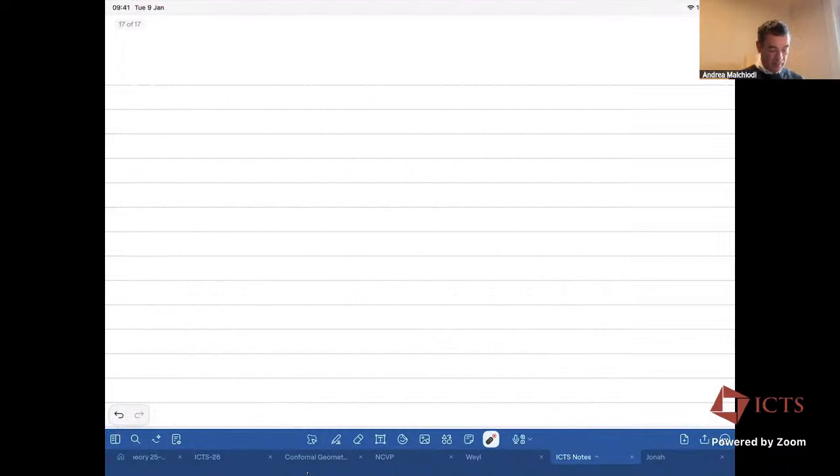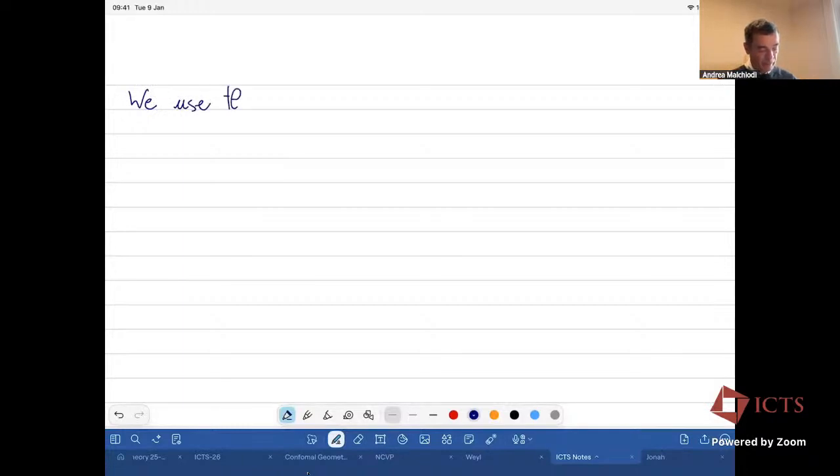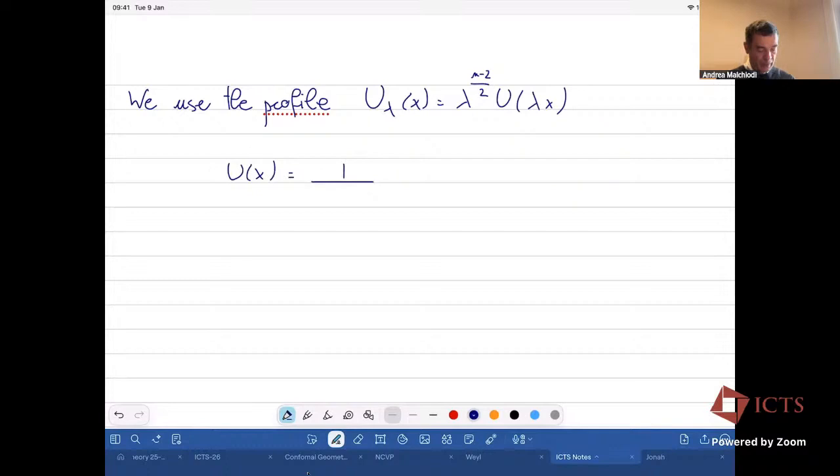So notice the profile we use, u lambda of x, which is lambda to the n minus 2 over 2 times u of lambda x, and u of x is 1 over 1 plus x squared to the power n minus 2 over 2.